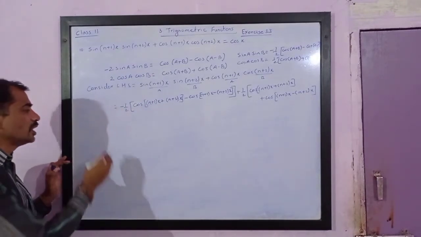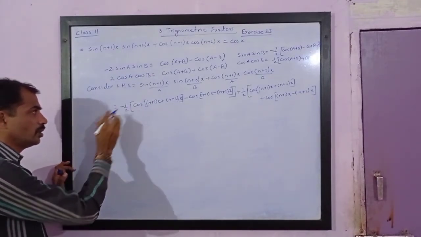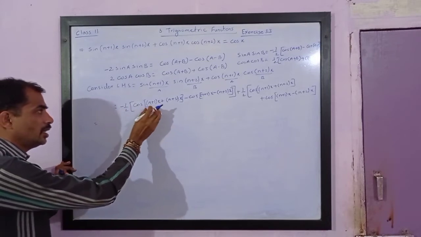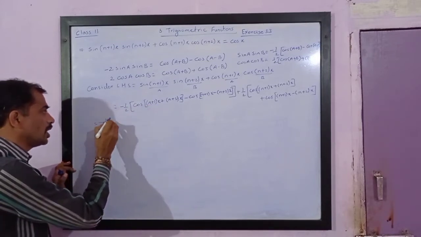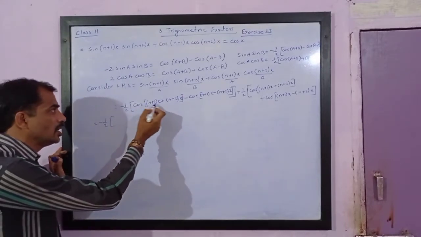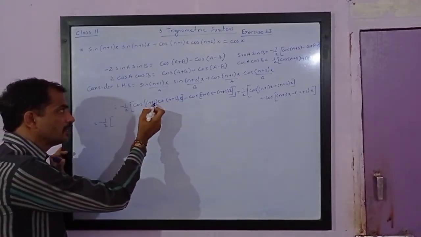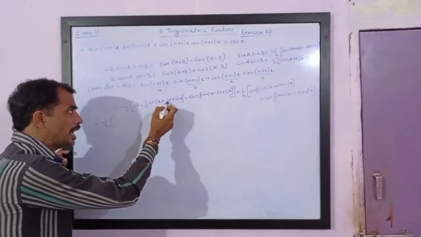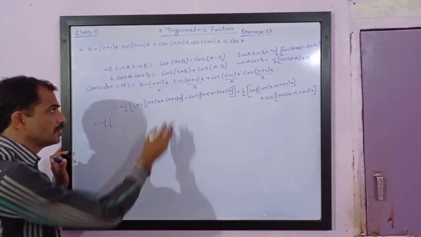Now if you solve this further, you will get this is equal to minus half. I will keep it outside just to prevent confusion. Now see, if you add this, you will get nx plus x, nx plus 2x.